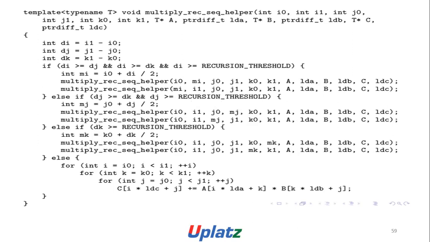Template type T, void multiply recursive sequential helper, int i0, int i1, int j0, int j1, int k0, int k1, T star A, ptrdiff_t lda, T star B, ptrdiff_t ldb, T star C, ptrdiff_t ldc. int di is equal to i1 minus i0, dj is equal to j1 minus j0, dk is equal to k1 minus k0.